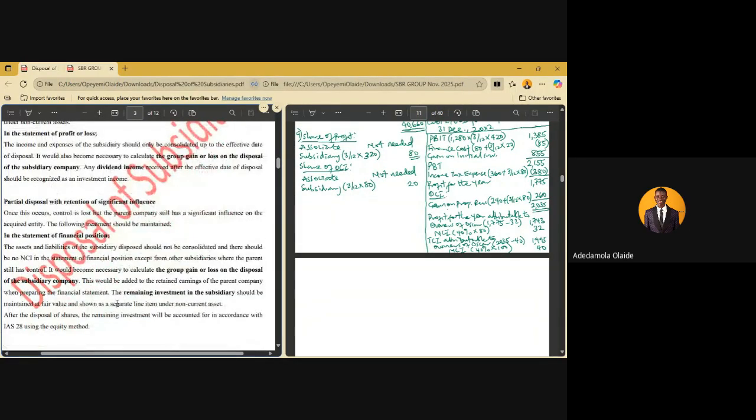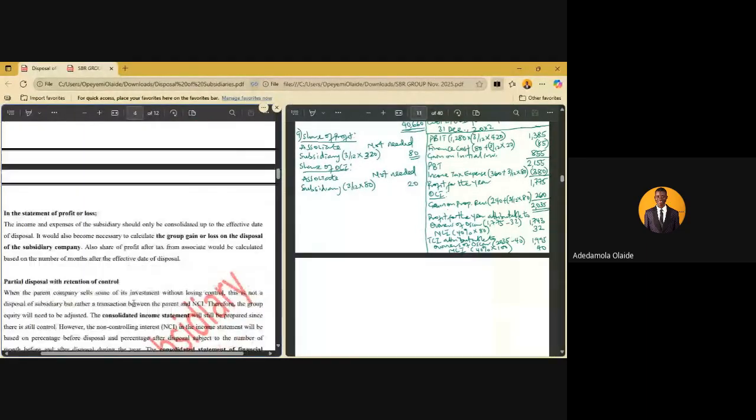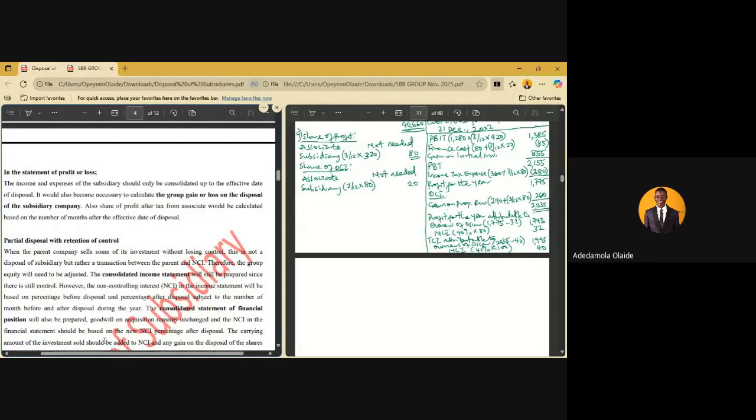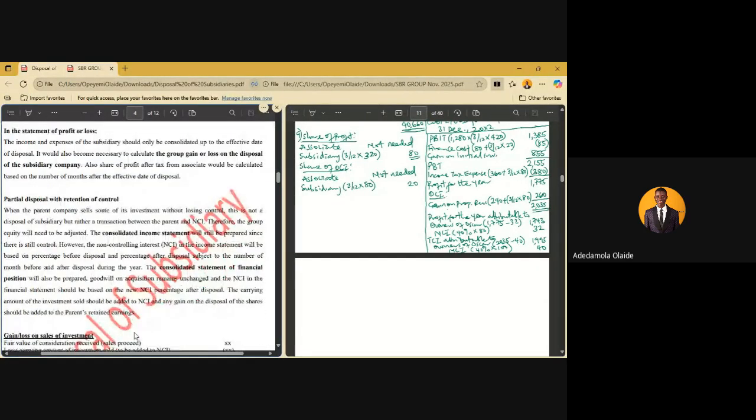But where there is retention of significant influence, the only difference is that the investment retained will now be treated as an associate using the equity method. But where there is retention of control, like I said, it's just a transfer between the equity holders.